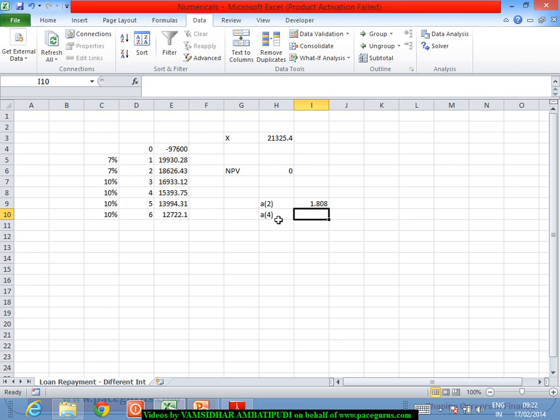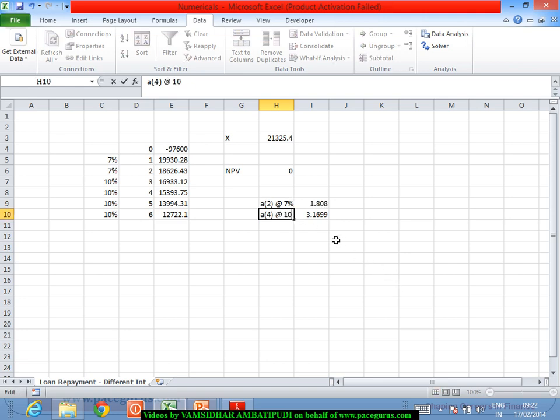That is the value of A4 at 10%, A2 at 7%, and here I am interested in A4 at 10%.